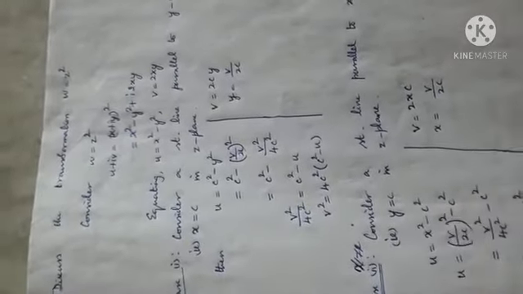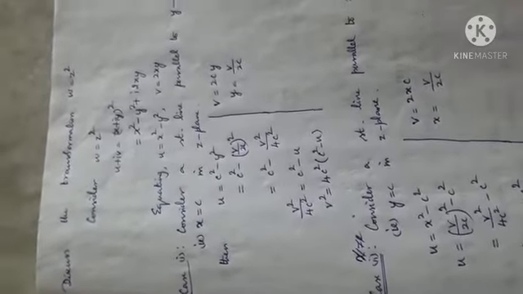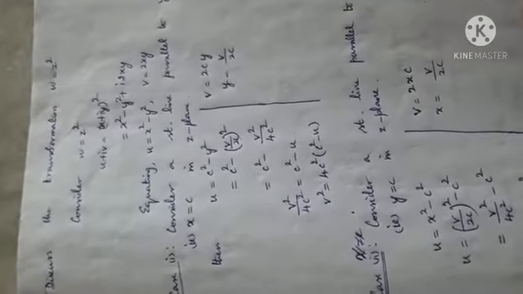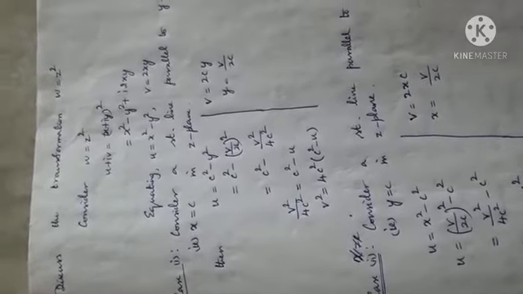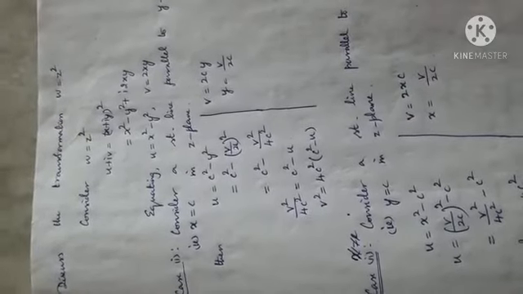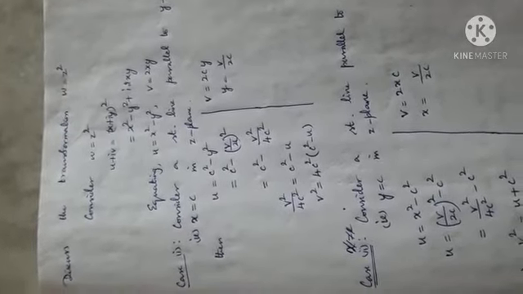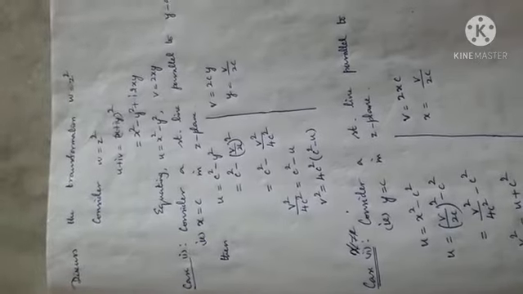Now let us discuss the transformation w equal to z square. So we know, if they ask you to discuss simply the transformation, what we do is we discuss 2 cases. When x equal to c in z plane, what is its image in w plane? When y is equal to c in z plane, what is its image in w plane? That's all, right?